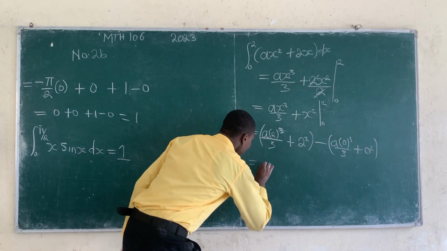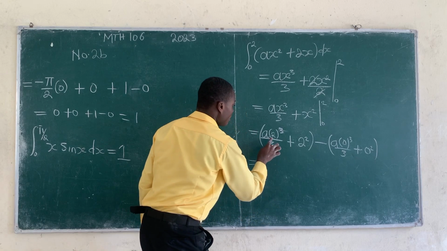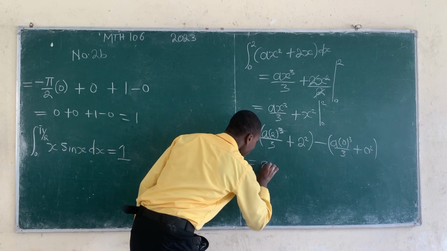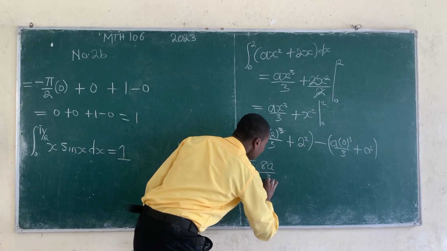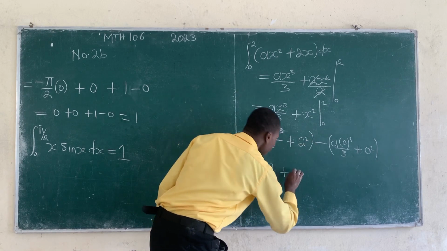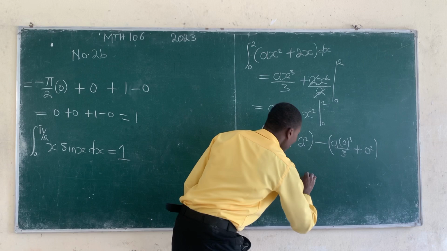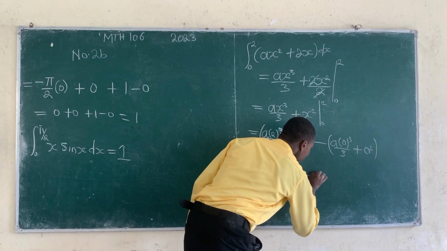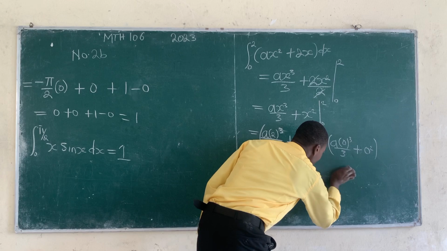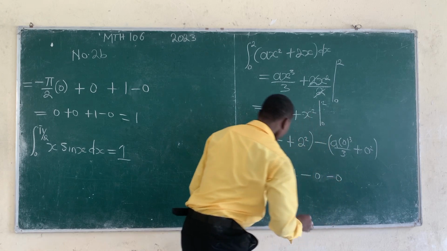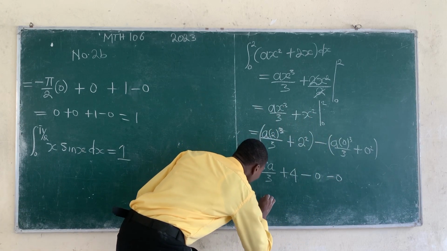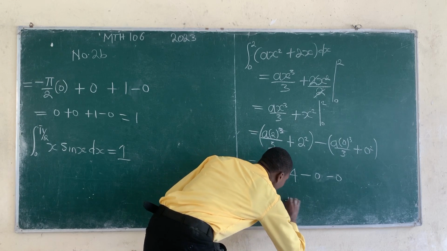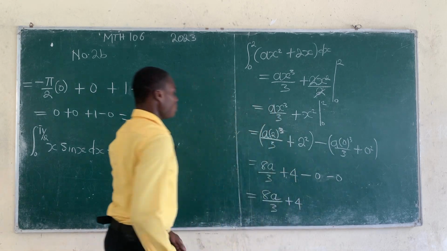So this is going to give us a 2 to the power of 3 is 8. So what we have there is 8a over 3 plus 2 to the power of 2 is 4 minus the whole of this is 0, and of course this is also 0. So this means that we are going to have 8a over 3 plus 4.